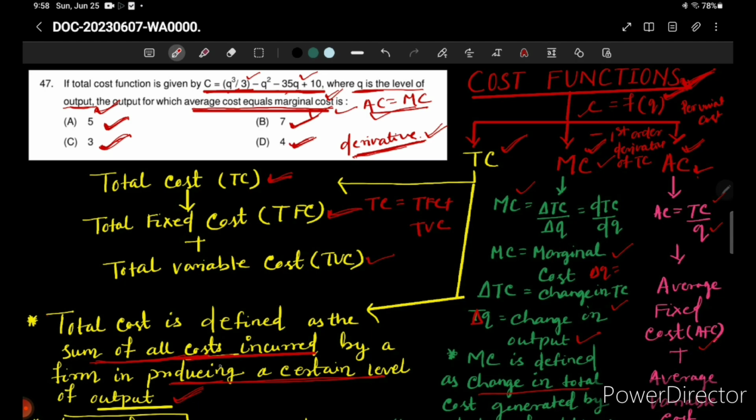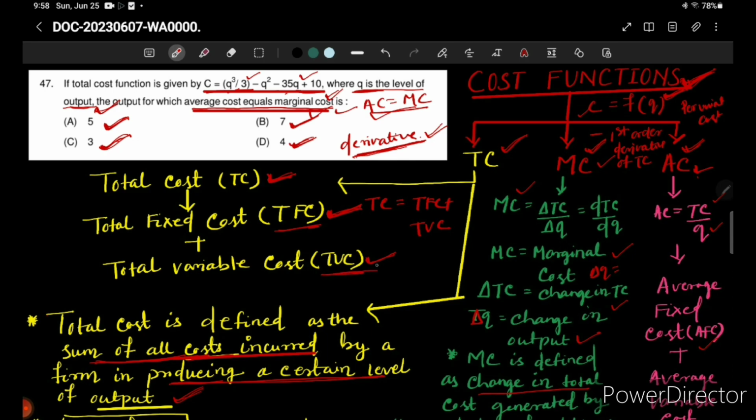And we also know that the total cost is the combination of two costs, that is the total fixed cost and total variable cost. So total fixed cost is given by TFC and total variable cost is TVC.